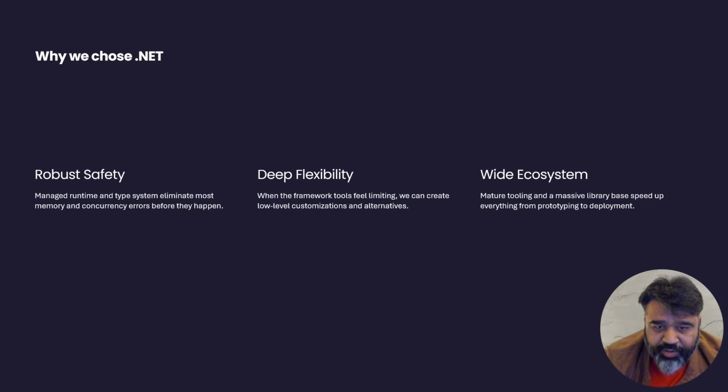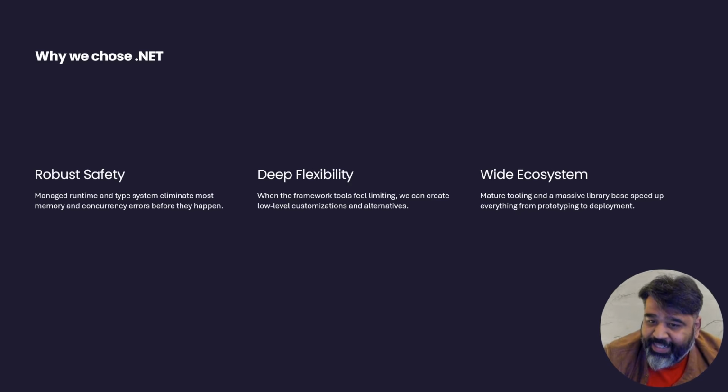It helps us create things very, very quickly because it's a mature ecosystem. Also, the framework, especially in the last 3-4 releases, has become so deep and powerful that when we get to a lower level and it feels like we're hitting some sort of limit, we're able to go in and create customizations or alternatives or even overrides when needed and implement our own system, which is one of the key focuses of what we'll see in a moment.